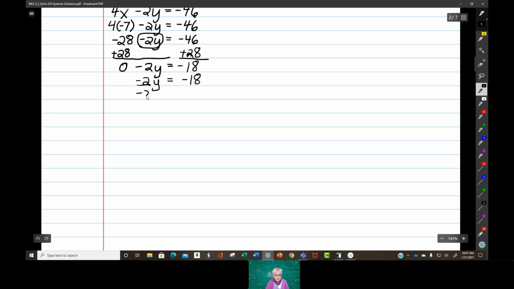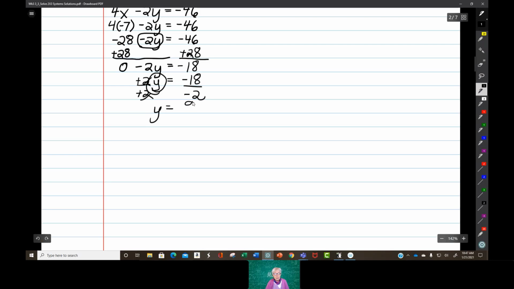I divide by negative 2 and divide by negative 2. So the negatives cancel, the 2's cancel, leaving me with a y. y equals 18 divided by 2 is 9. Negative 18 divided by negative 2 is still positive 9.